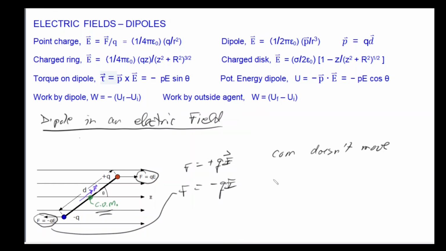So we end up with a torque, tau, due to the forces on the positive and negative charges.